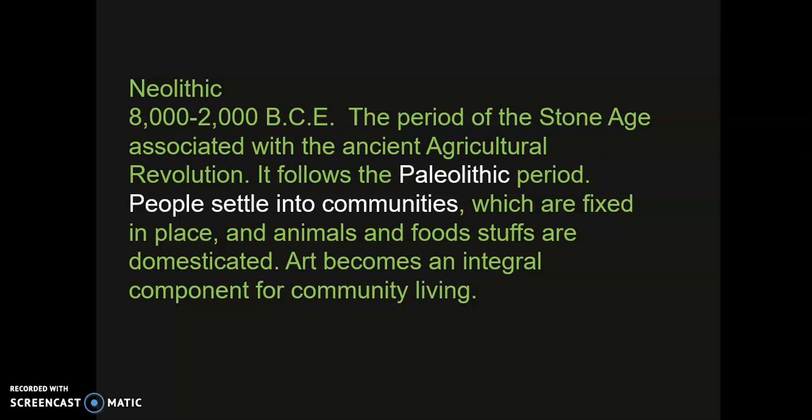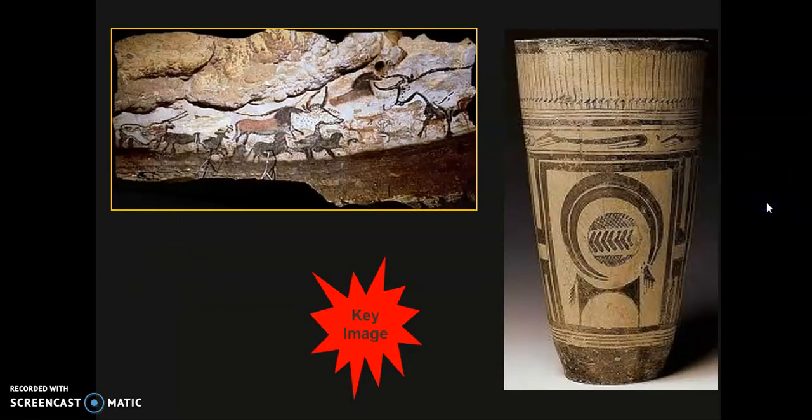Same thing happened in Egypt, same thing happened in China. And the weird thing is this happened all around the world at the same time, okay? And there is a video that I want you guys to watch on the Jade that is near the end, and they do an excellent job of explaining that.